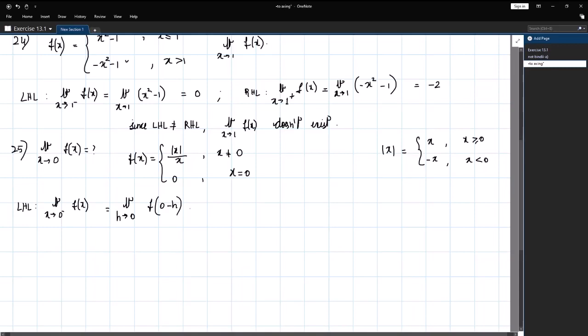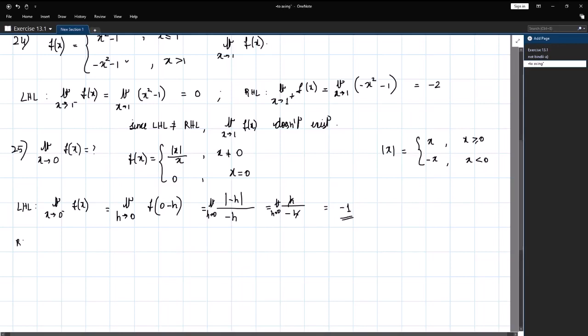This will be equal to modulus of minus h divided by minus h. Mod of minus h is nothing but plus h, that is h divided by minus h. With limit h tending to 0, h and h get cancelled. What is remaining here is minus 1.